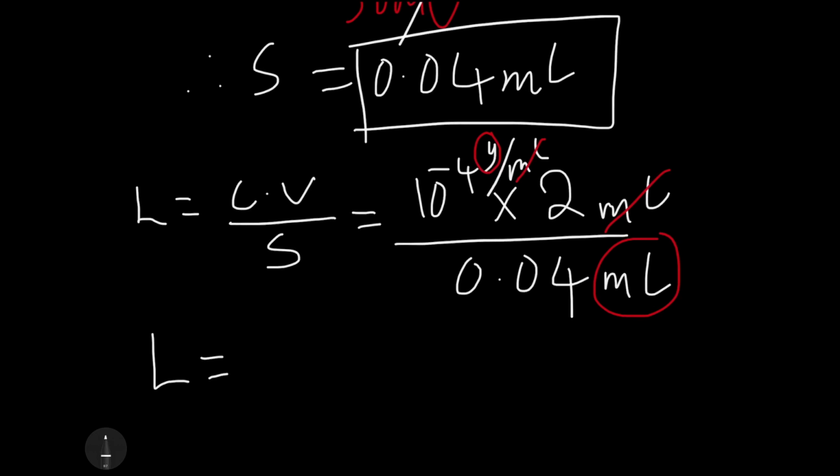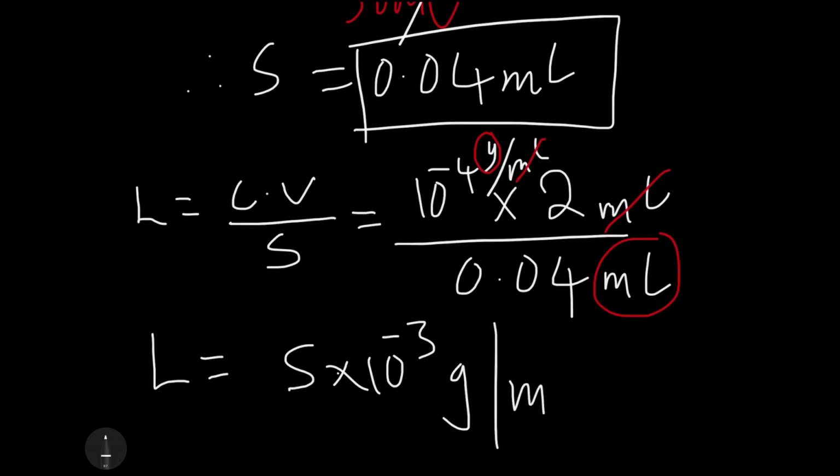Then we are finally going to have 5.5 times 10 to the power negative 3. And this one is going to be in grams per milliliter. All right, so therefore our limit is equal to this value here.